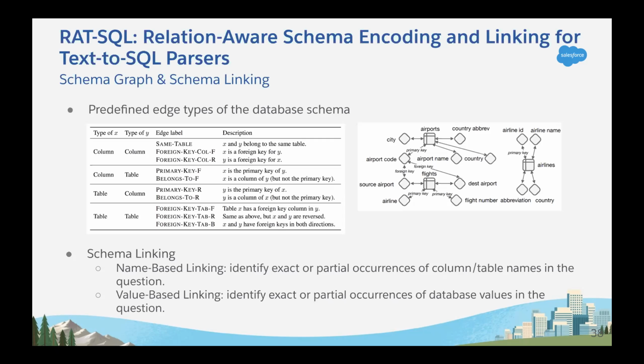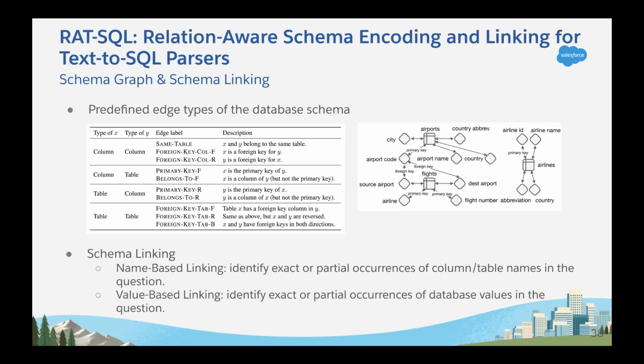If some words in your question exactly or partially match some column name or table name, then they consider there is a name-based link between the word or phrase in the question and this column or table.